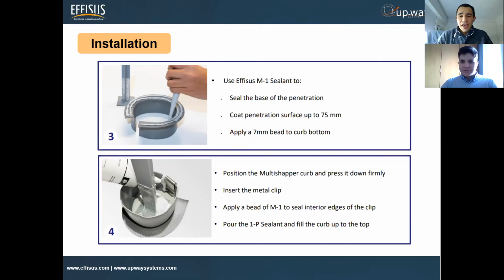What is interesting is that when we pick up the mock-up and touch the UMP sealant, the sealant that remains between the membrane and the penetration, it's still very flexible after 3 years. It's like a rubber that is shaped to the penetration. It's very interesting to see this solution.